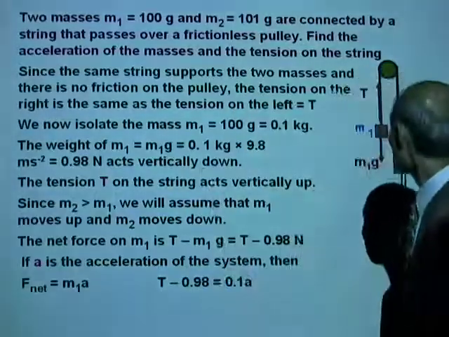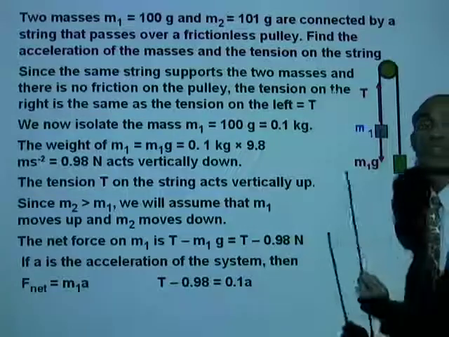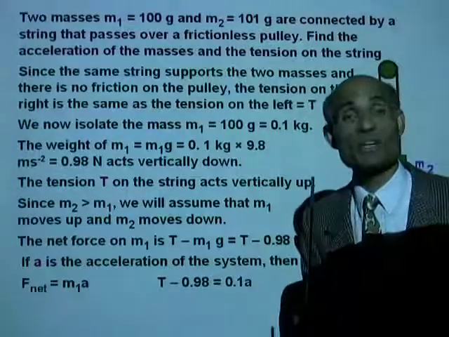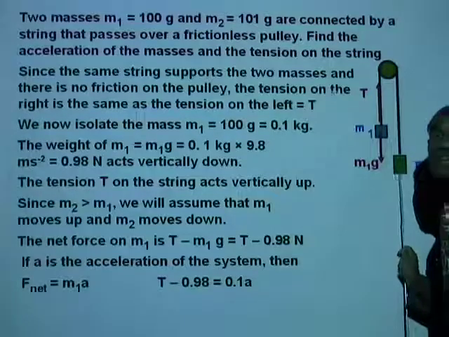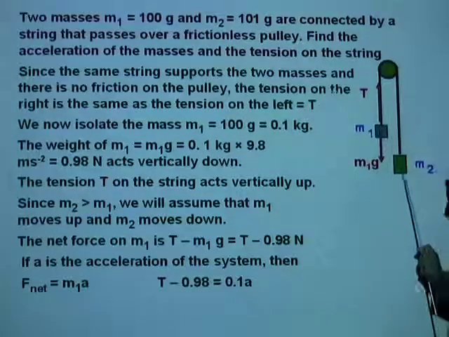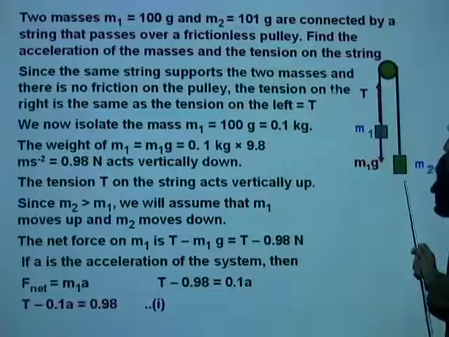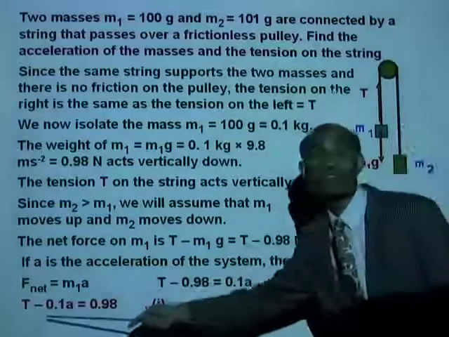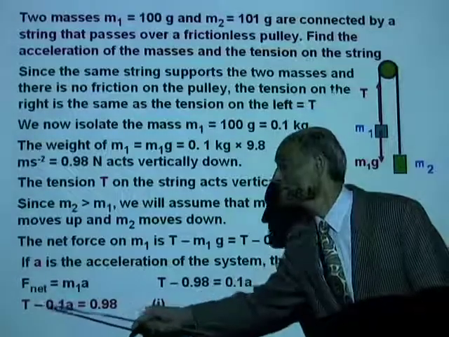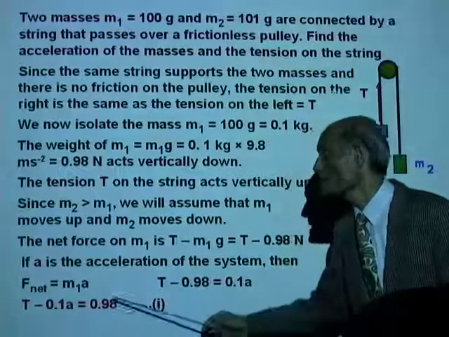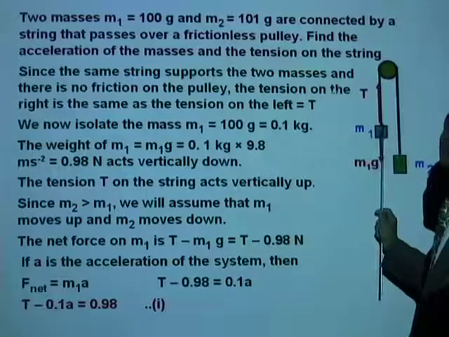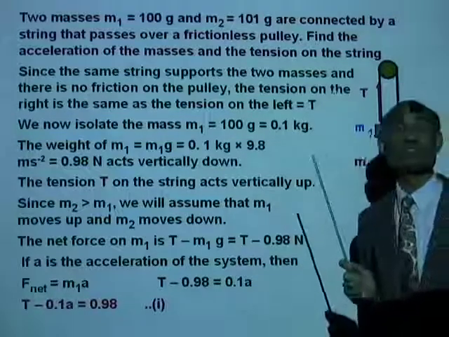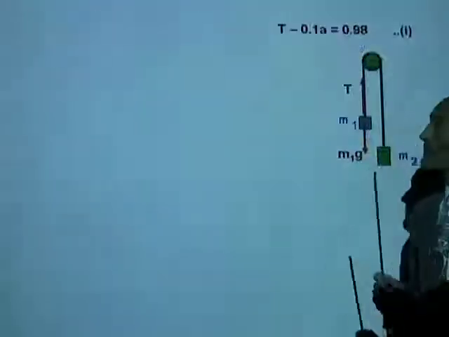And similarly, you can write another equation for the motion of mass M2. Can you write that equation on your own? What is the net force on the mass M2? We carry this equation with us. T minus 0.1A equal to 0.98. That is the equation we obtained from the motion of M1.